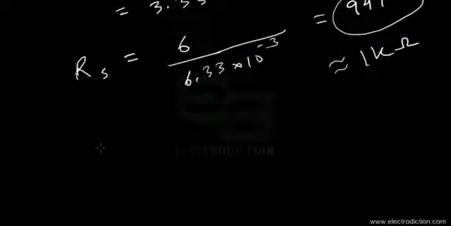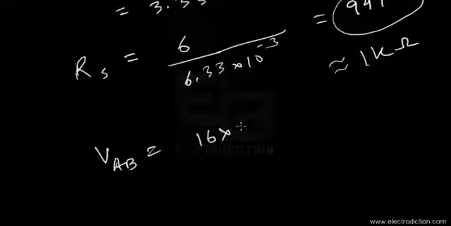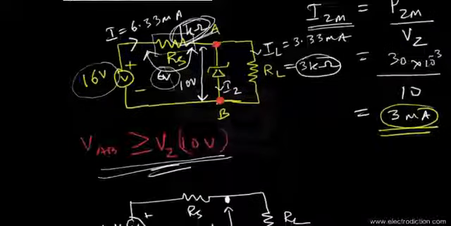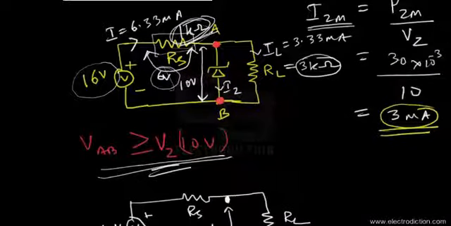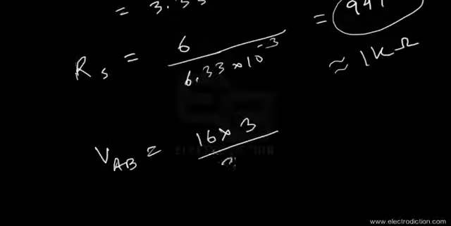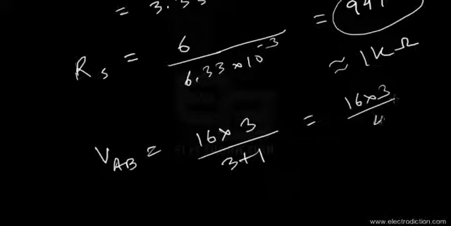The VAB, the voltage across the terminals A and B, would be given by the supply voltage of 16 volts multiplied by the load resistance of 3 kilo ohms, divided by the total resistance, RL plus the series resistance, 3 plus 1, which makes 4k. So that's 16 multiplied by 3 divided by 4, which gives about 12 volts.